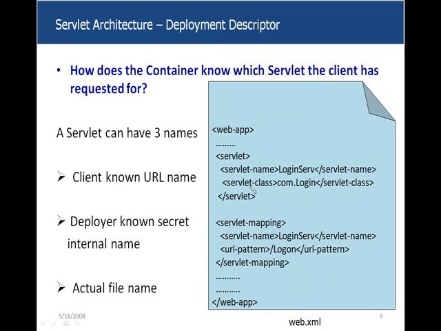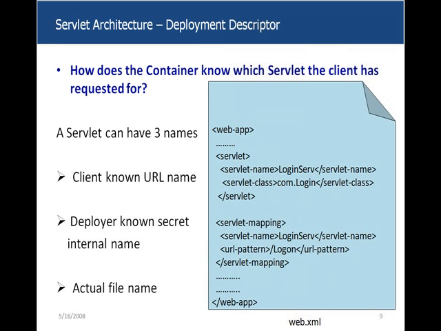But how will it know if the request was like yahoomail.com/login, that the request is for this servlet class? That is derived from the servlet mapping element. In the servlet mapping element you have two tags, the servlet name and the URL pattern. The servlet name matches the servlet name in the servlet tag, and the URL pattern is nothing but the URL which the client has sent in as a request.